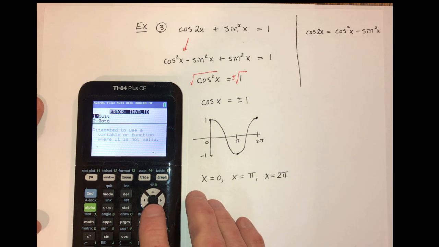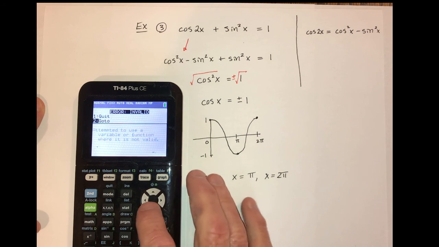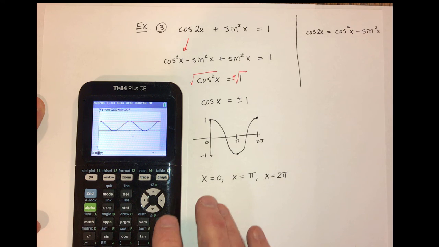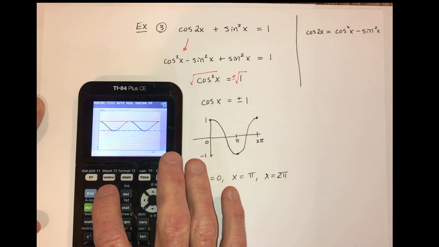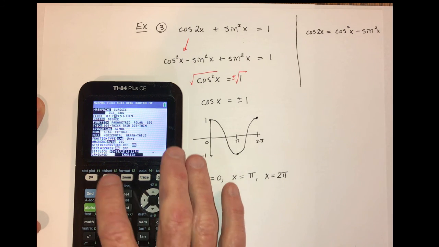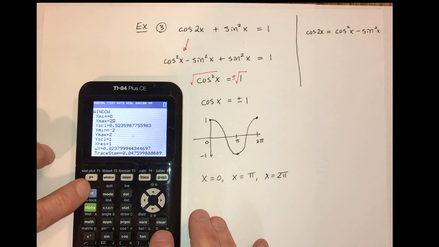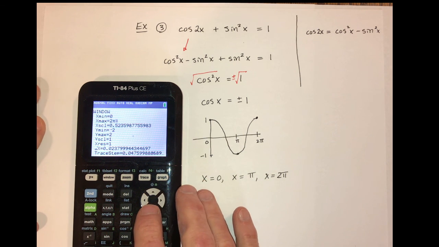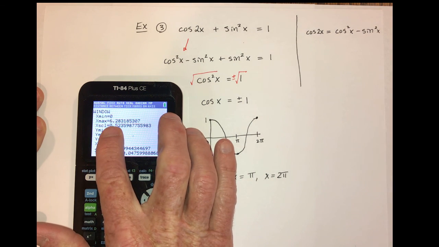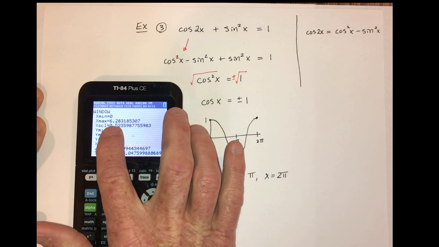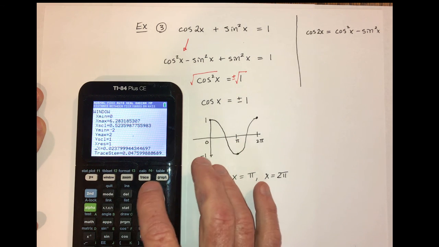And 2 pi, oh. So I mentioned this before, but what happens is, it says it doesn't like the 2 pi. So what happens is when you adjust the window, and right here when you put 2 pi, that is perfect. But as soon as I move the cursor, it puts a decimal approximation. And that's actually smaller than 2 pi, so it now won't allow me to type in 2 pi.